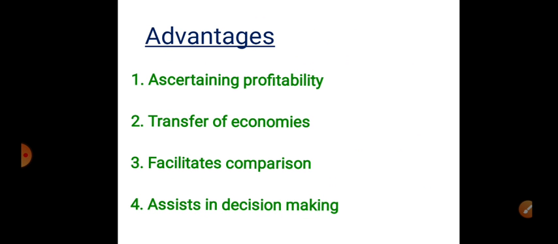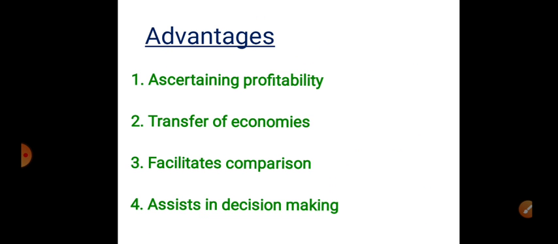What are the main advantages? First one, ascertaining profitability. If we are not adding the inter-process profits under each process, what we do is add the profit after the last process, a certain percentage of profit, and sell the products.